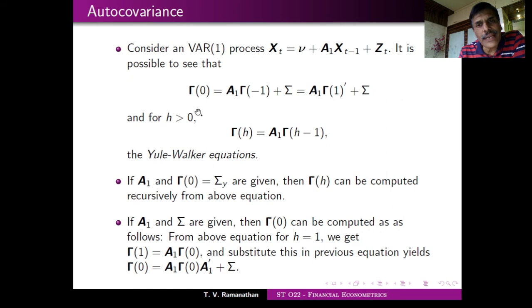And for h greater than 0, I'll consider xt and xt minus h, or xt and xt plus h. So I'll get gamma h equal to A1 gamma h minus 1. All of the other terms will be 0.